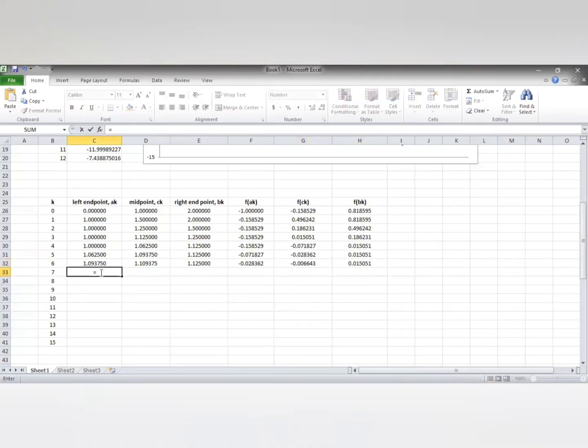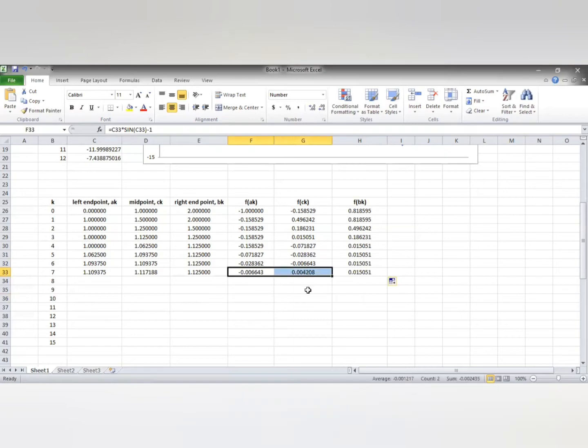So this is our left endpoint, and for our right endpoint, you have, okay, so you can drag and drag and drag. Okay, so again, the values of F at AK and CK have opposite signs.